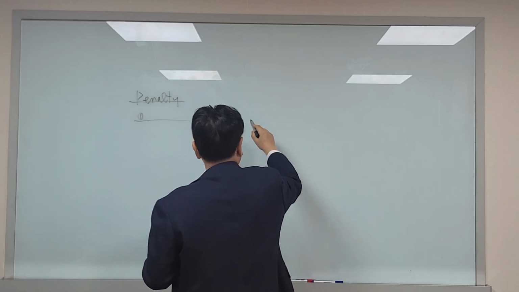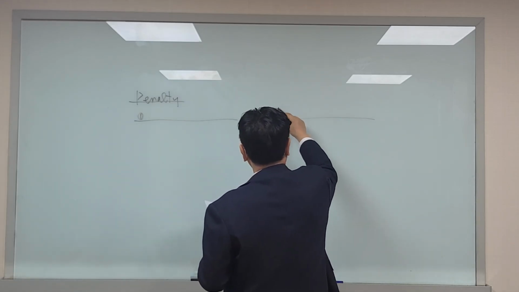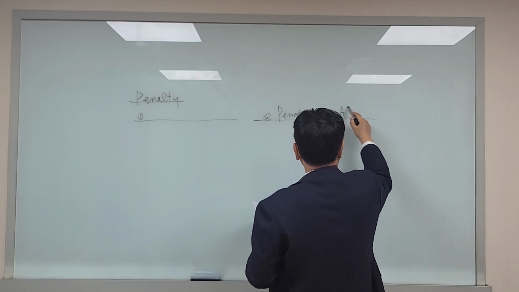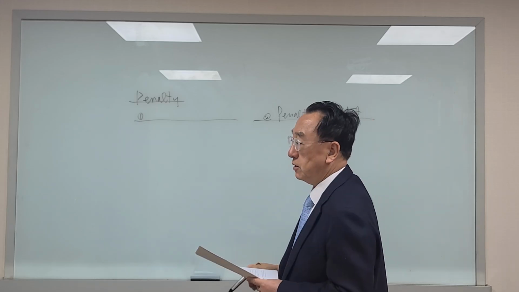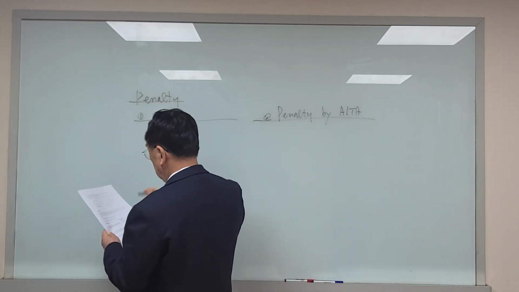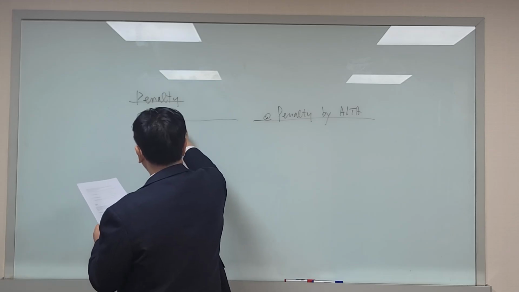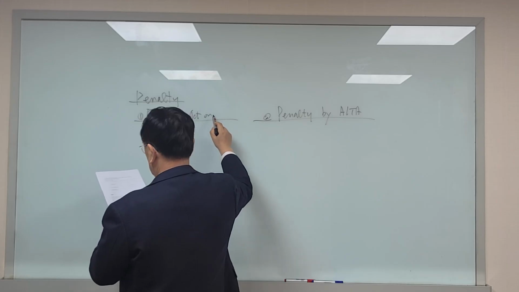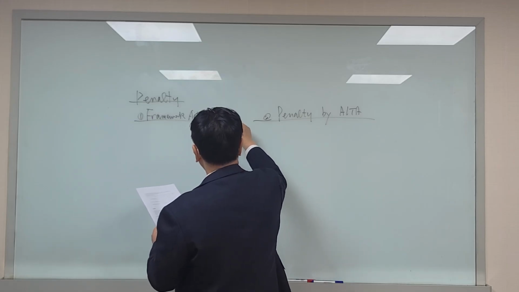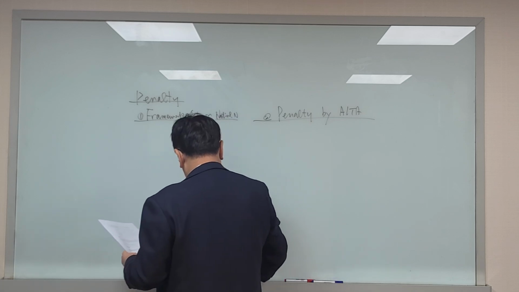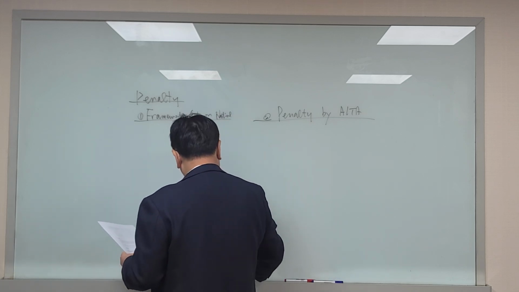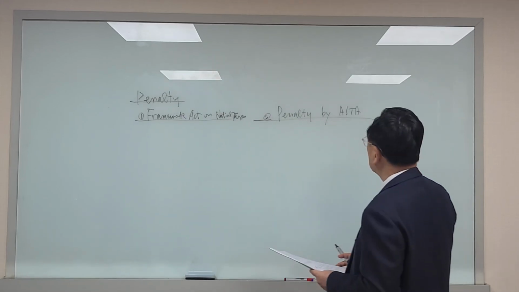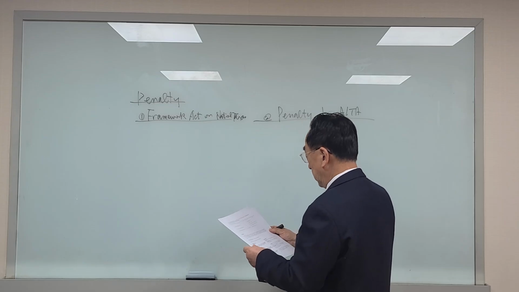Number one is the penalty by AITA, Adjustment of International Tax Act, and number two is the Framework Act on National Taxes. The penalty by AITA is very big.